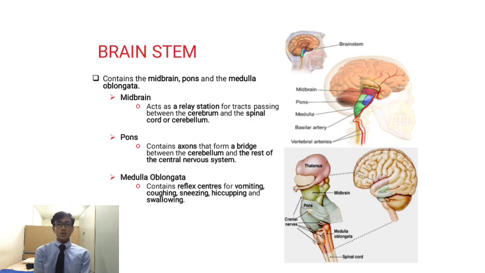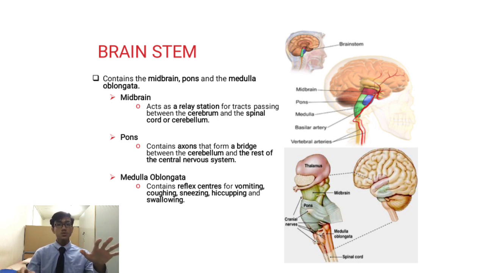Alright guys, now we enter the third part, the brainstem. The brainstem contains three parts: the midbrain, pons, and the medulla oblongata. The midbrain acts as a relay station for tracts between the cerebrum and the spinal cord or cerebellum.